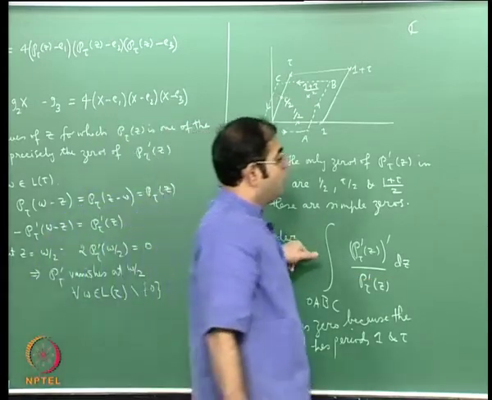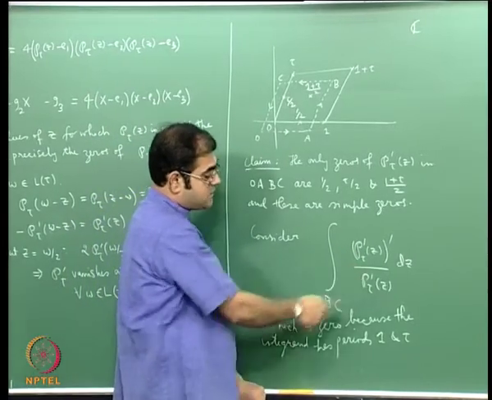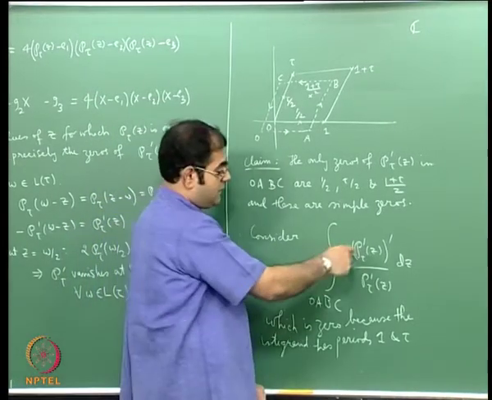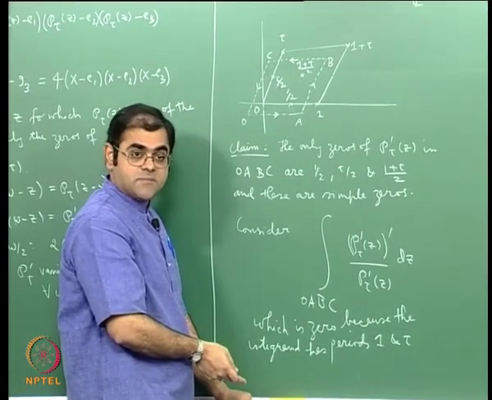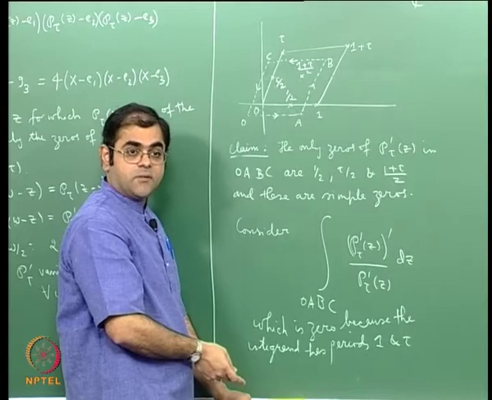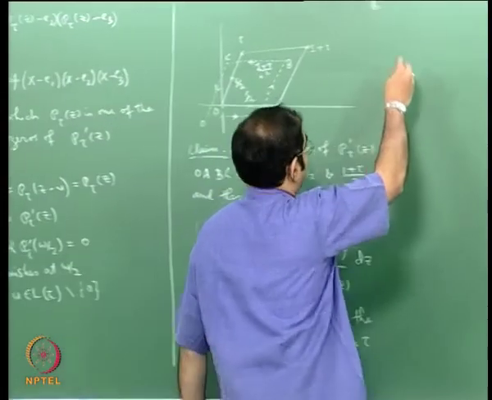On the other hand, what is the argument principle? The argument principle tells you that the integral of f prime by f dz will be 2 pi I times the number of zeros counted with multiplicities minus the number of poles counted with multiplicities. So let us apply that.